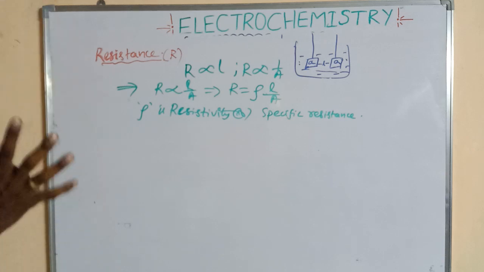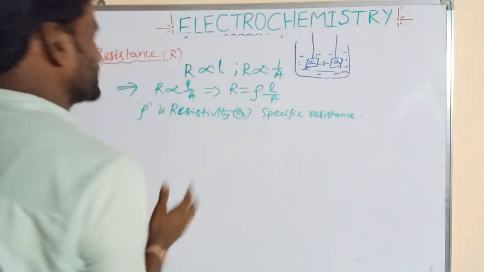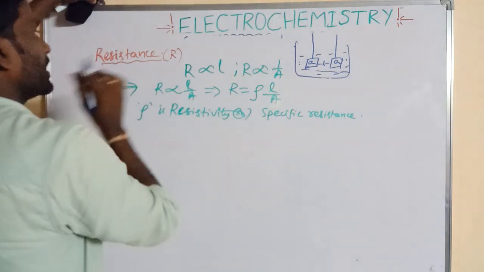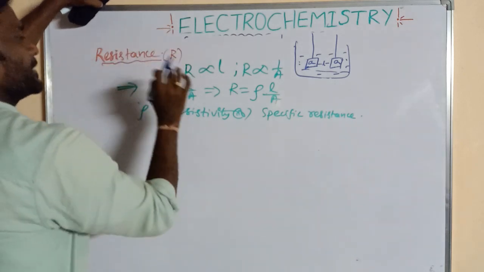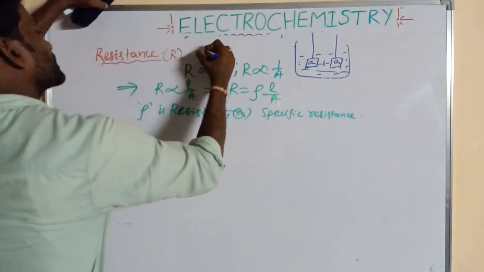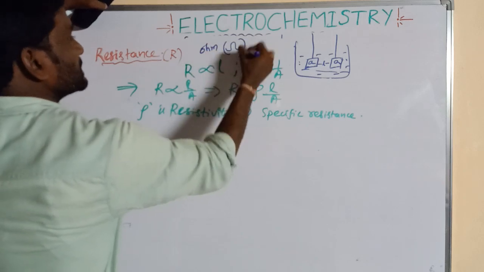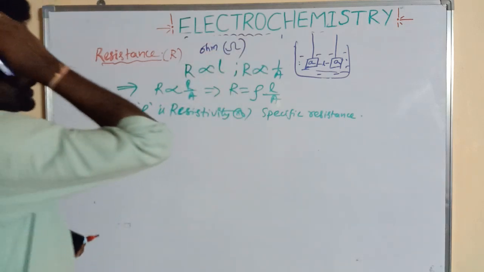So rho is said to be resistivity or specific resistance. Now, what are the units of R? Ohm. Its unit is ohm, represented by this symbol.